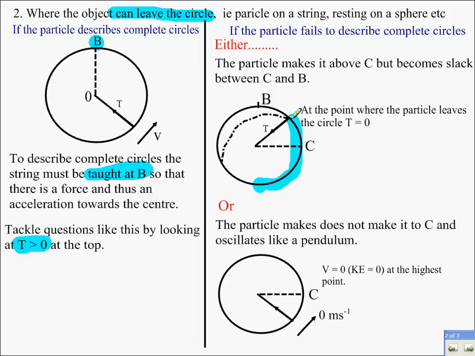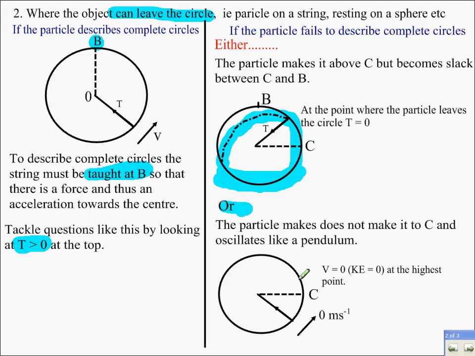What if it just gets to here and goes, not enough energy, no more energy, comes down to here, and then it would just be going back and forth like so. So it can get above the central point, up to here, and from that point down to where the string becomes taut again, you're counting it as just a simple projectile.